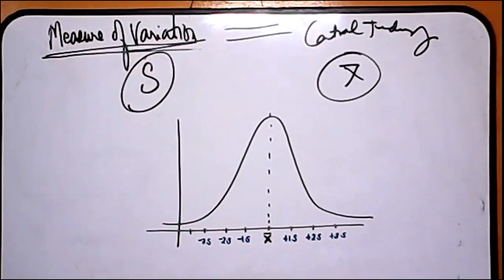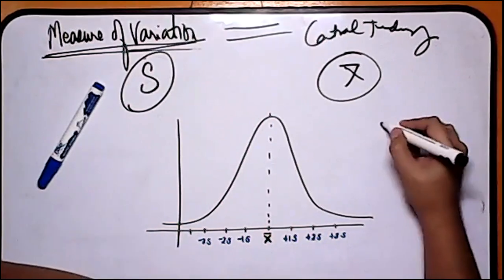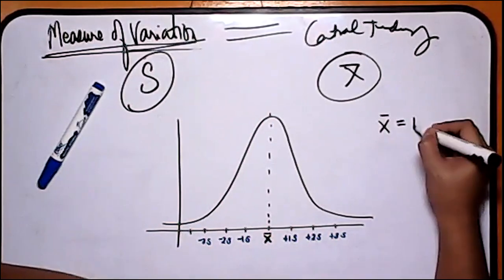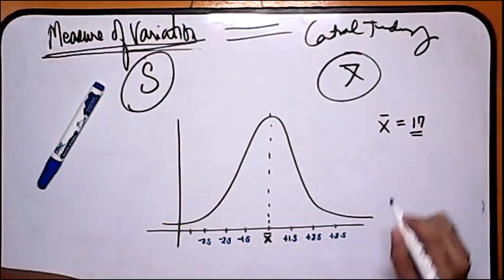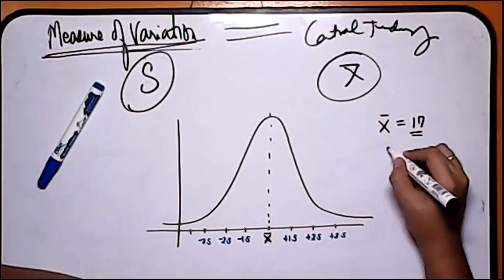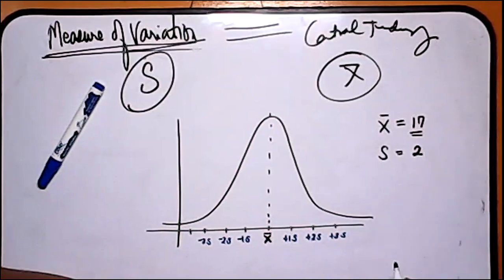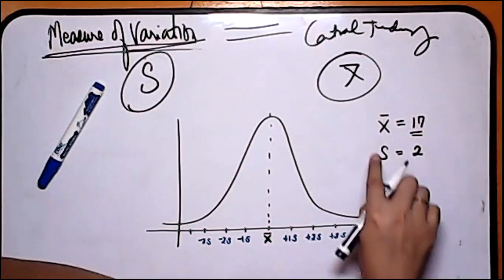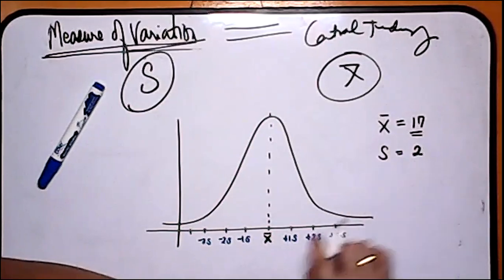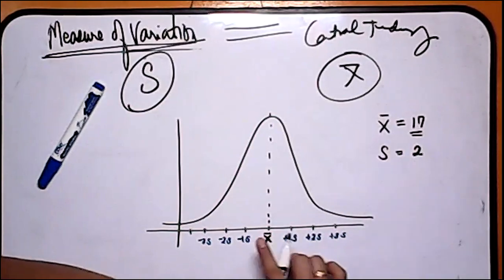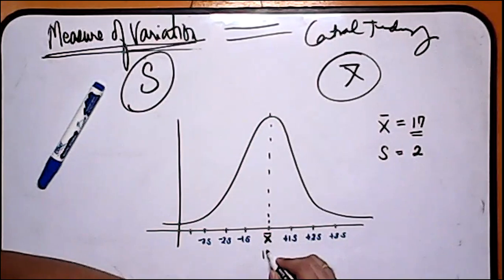All right? Say, for example, we have a data and we computed that our mean is 17. And then when I was able to compute my standard deviation, I got a value of 2. So, using these values, yung x bar na sinasabi natin dito, that is already 17.